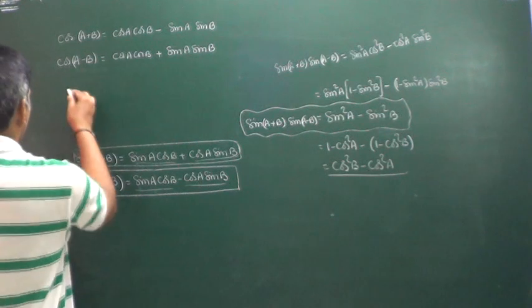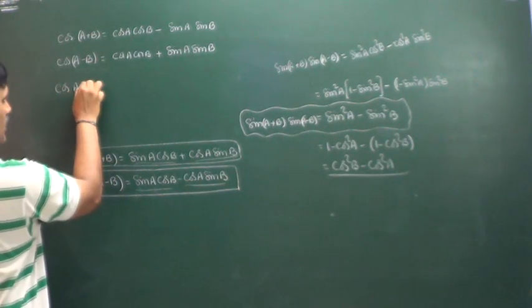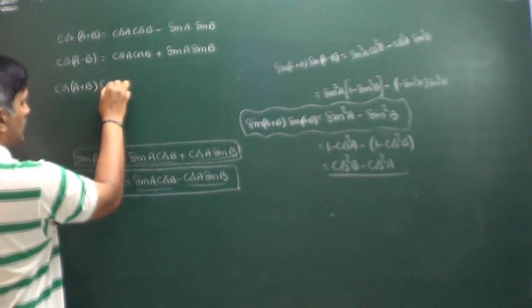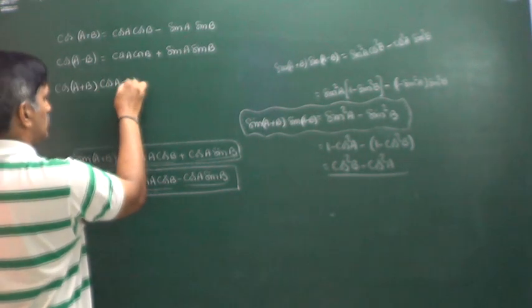Now similarly, cos(A+B) into cos(A-B): multiply these two formulas also.